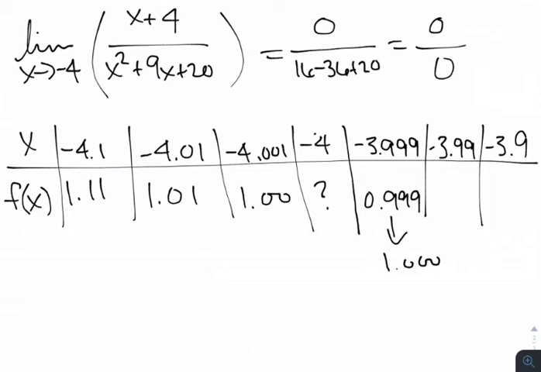So it's negative 3.99 plus 4, that's going to be 0.01. Then you divide it by negative 3.99 squared plus 9 times negative 3.99 plus 20. That comes out to positive 0.99.